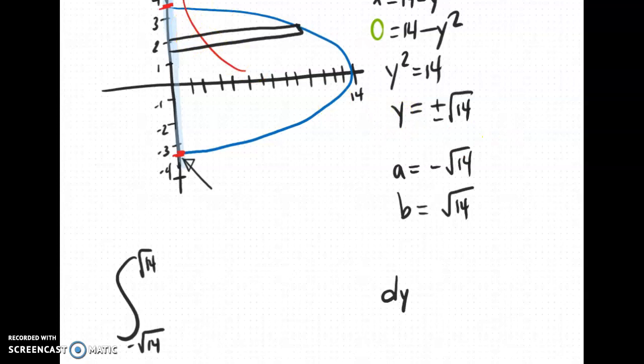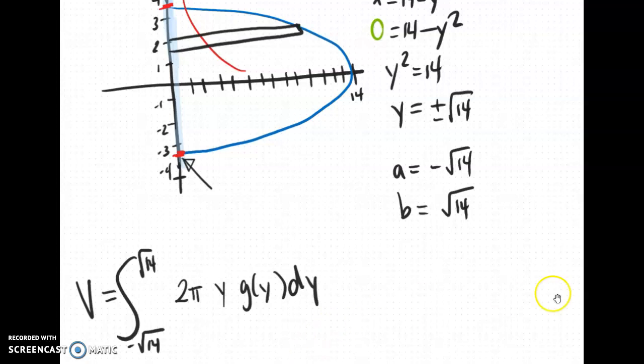So the shell method says the volume is equal to the integral from c to d of 2 pi times y times that function, and then dy. So we got to come up with what we're going to put in here. So we've got the first part already. It's 2 pi.